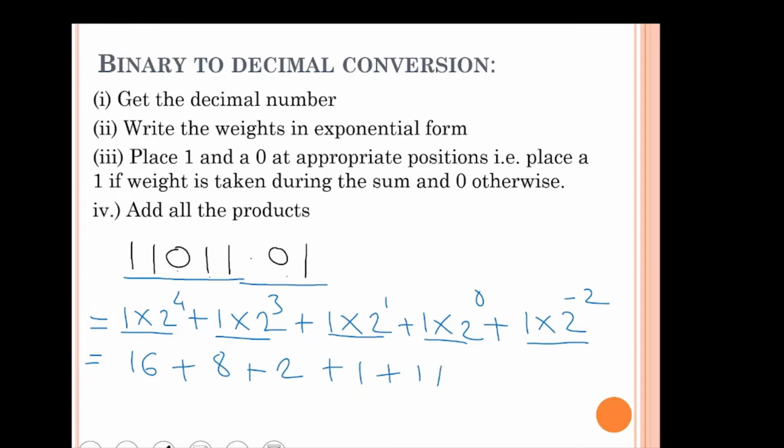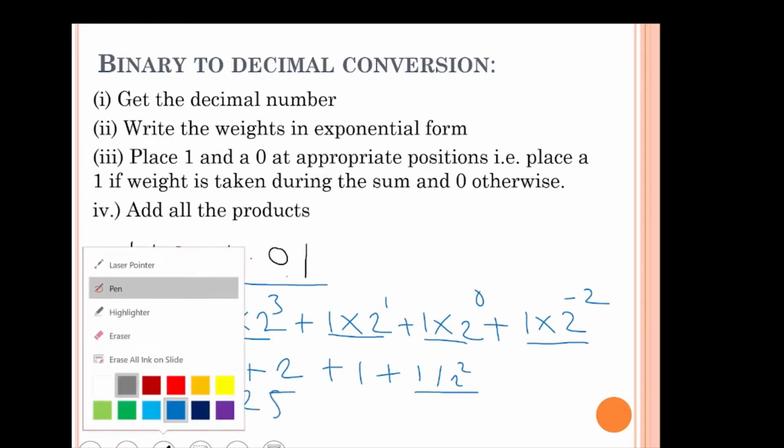Actually this is 1 upon 2 raised to 2, or we can say this is 1 upon 4, which means 0.25. 16 plus 8 plus 2 plus 1 is 23, point 1 upon 4 means 0.25. So your answer is 23.25.